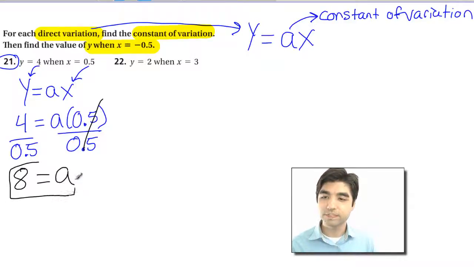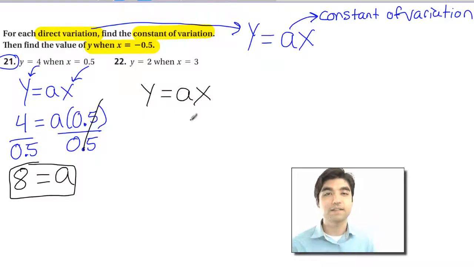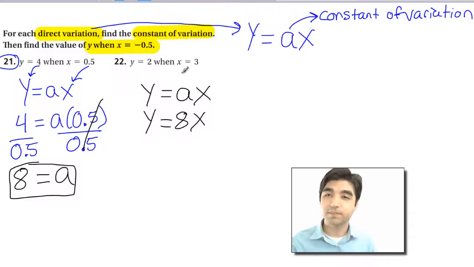So we need to plug it back into our general equation, y equals a times x. Now instead of a, we put our constant of variation, which is 8. Now the second part of the problem asks: what is the value of y when x equals negative 0.5?